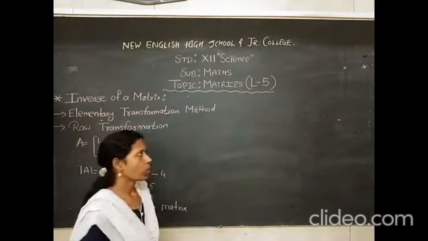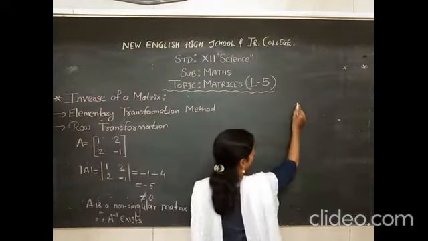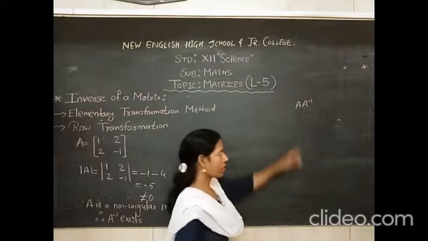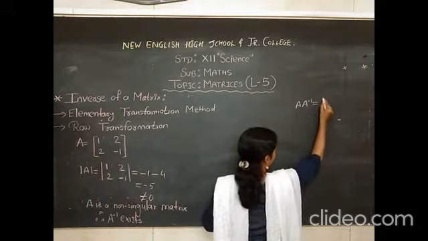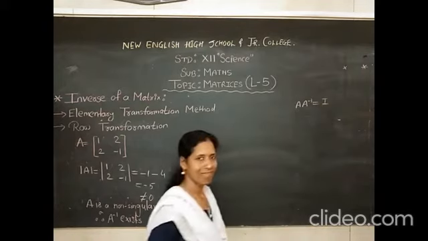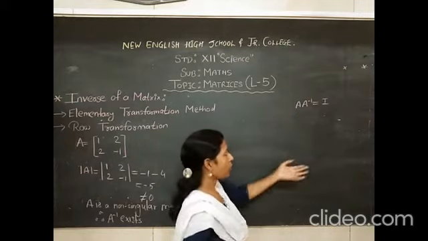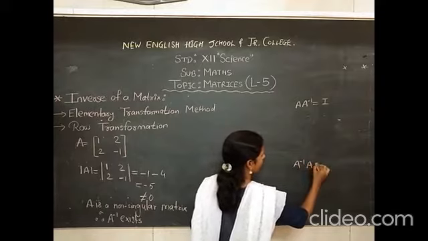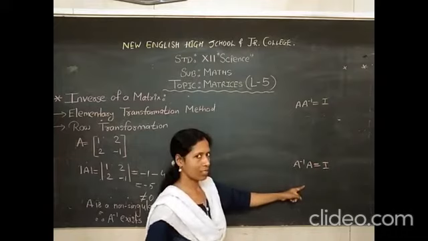We know from the previous lecture that if the inverse exists, then it is unique, and we can write A into A inverse equals I. Also we know that A inverse into A equals I. We know both these things.